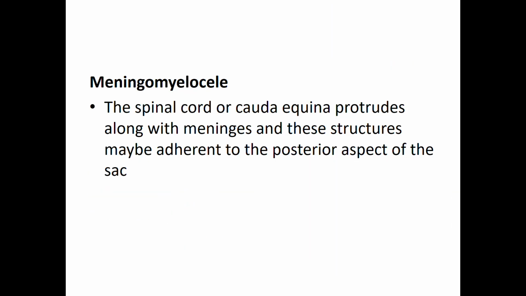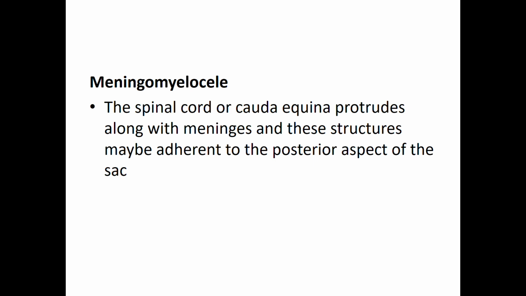Next we see is meningomyelocele. Here the defect may be a little larger when compared to meningocele. Maybe three vertebrae may be involved, because of which the meninges along with the CSF protrude, but here there is an additional thing that comes out, and that is your spinal cord or the cauda equina.